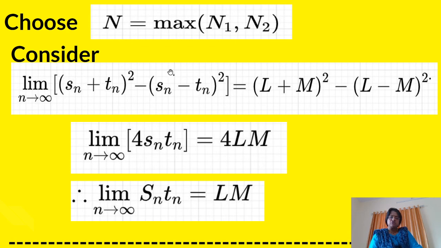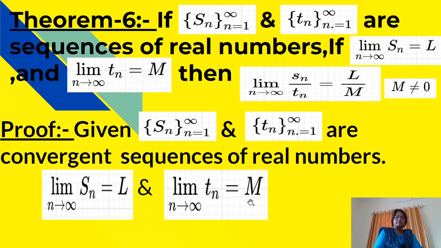Now when we solve this expression, we get 4 Sn into Tn, and when we solve the other expression, we get 4 into LM. Therefore, limit n tends to infinity of 4 into Sn into Tn is equal to 4 into LM. Cancelling 4 on both sides, we get limit n tends to infinity of Sn into Tn is equal to L into M.